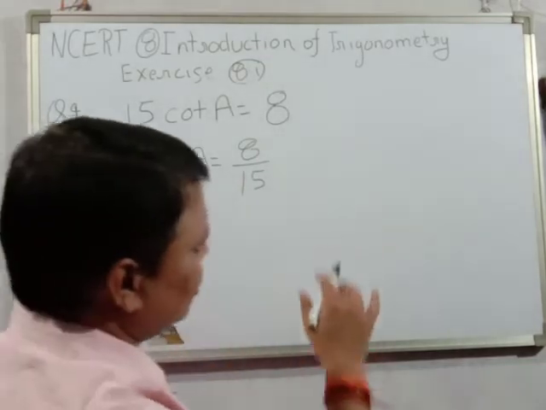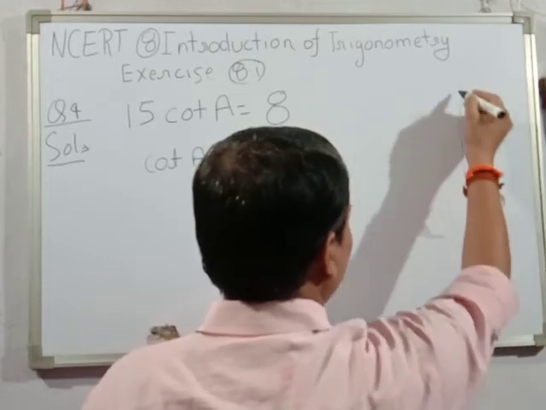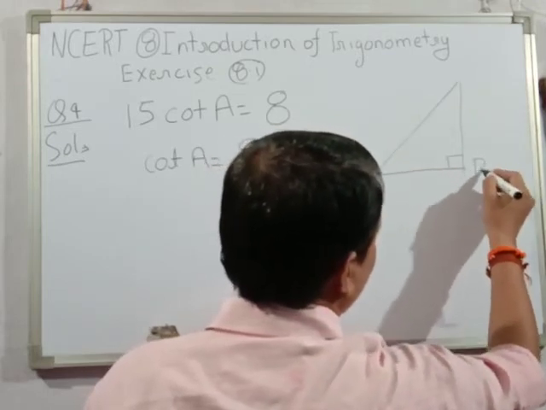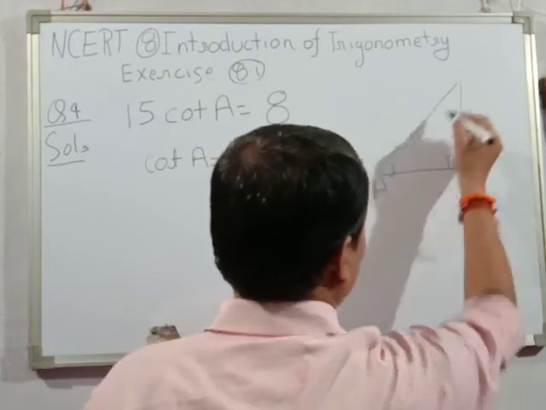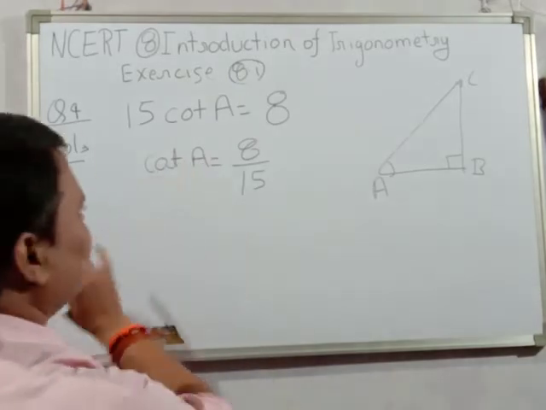Okay, let us draw the figure, a right triangle, and suppose the right angle is at B. What is the formula of cot A?